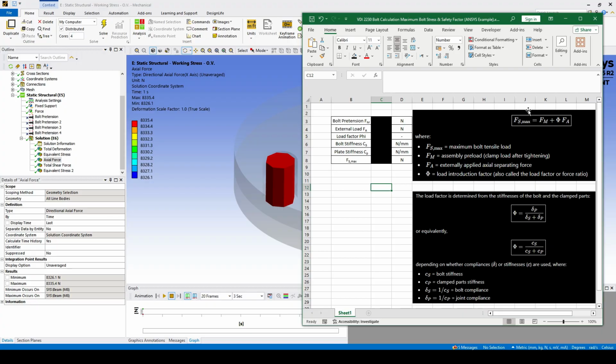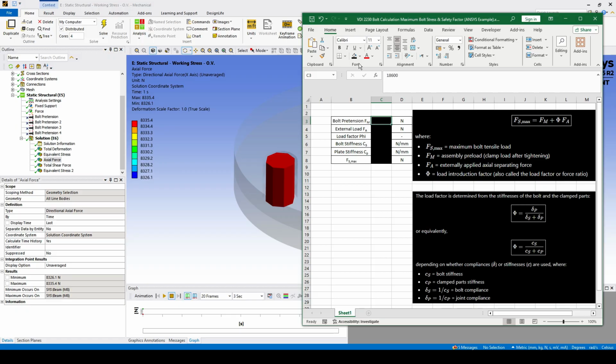In addition to the bolt pretension, we have to add a load factor phi multiplied with FA, which is the external applied axial separation force in our model. Here I did it without bolt pretension to get this external force, so the FA, and in my case it's 8,335.